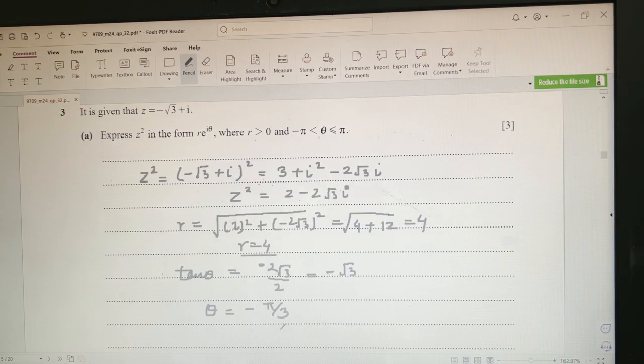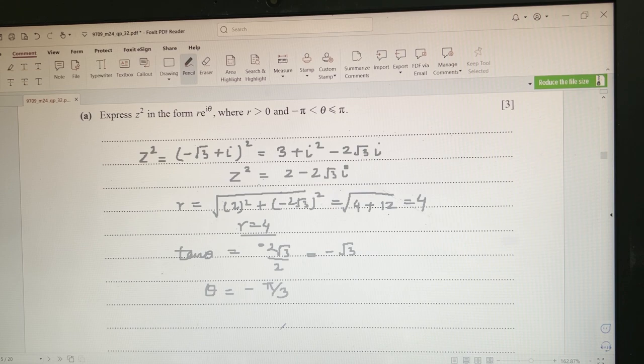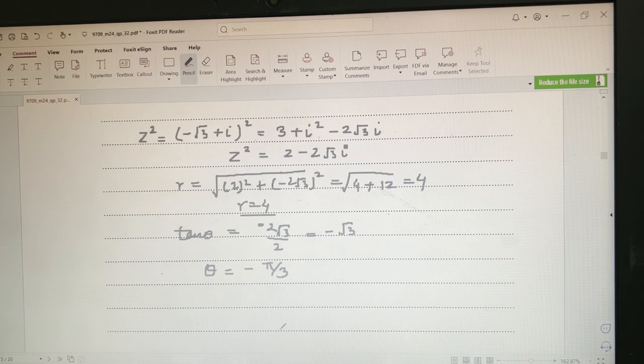They've asked to write z square in the form r e to the power i theta. So our z square becomes 4, r is 4, e raised to minus i pi over 3. This will be the value of z square in terms of r e raised to i theta.